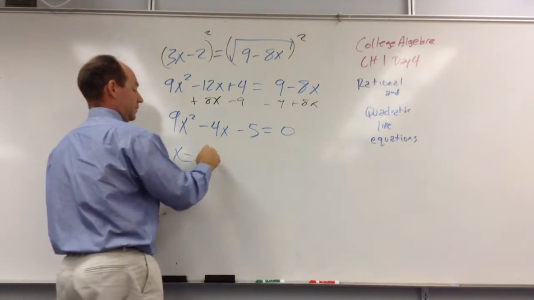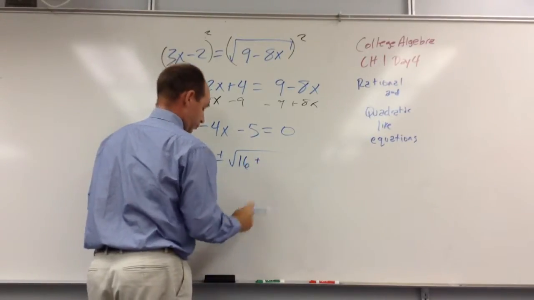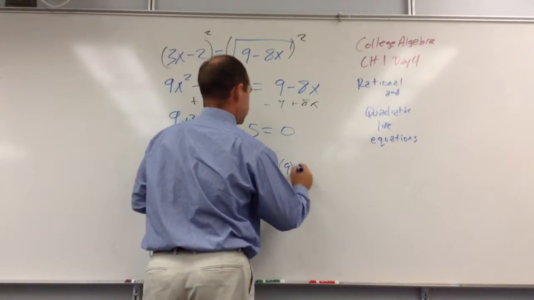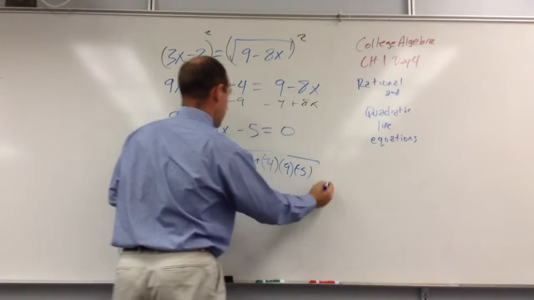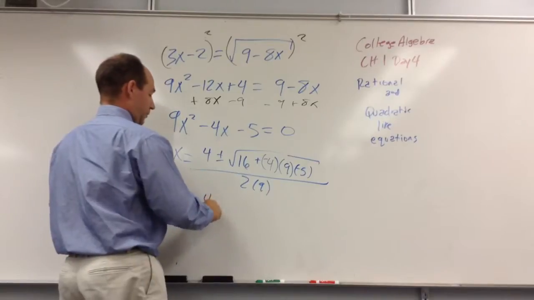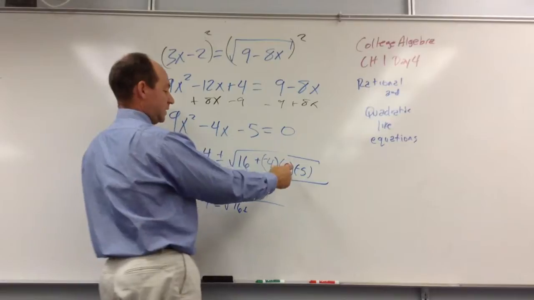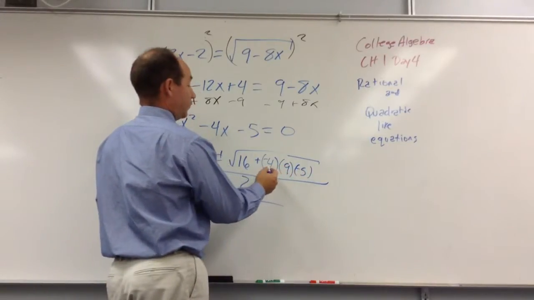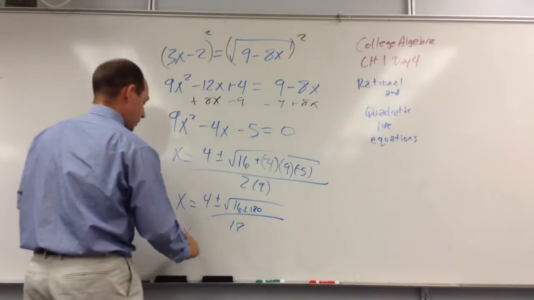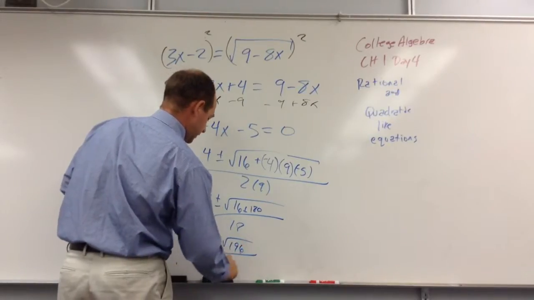x will equal the opposite of negative 4, so 4, plus or minus the square root of 16 minus 4 times a, which is 9, times c, which is negative 5, over 2 times 9. So x equals 4 plus or minus the square root of 16 plus, 5 times 4 is 20, 20 times 9 is 180, so 16 plus 180, all over 18. x equals 4 plus or minus the square root of 196 over 18.